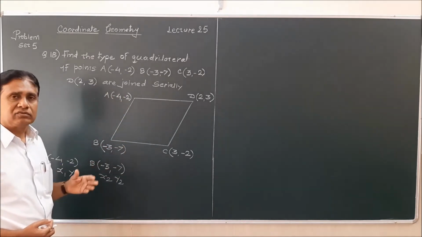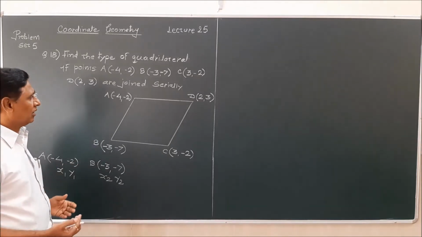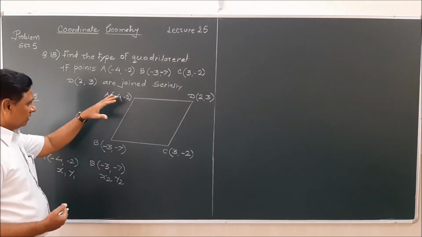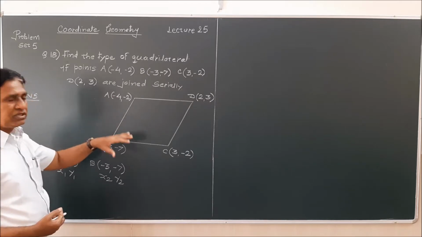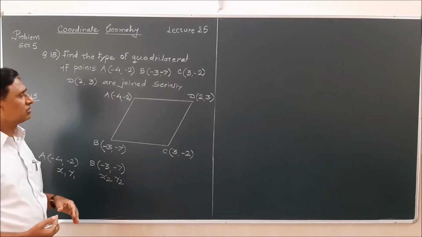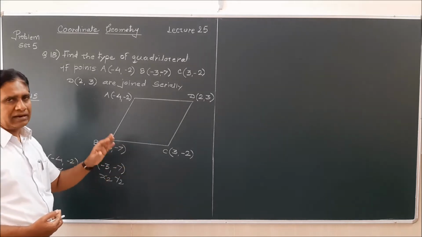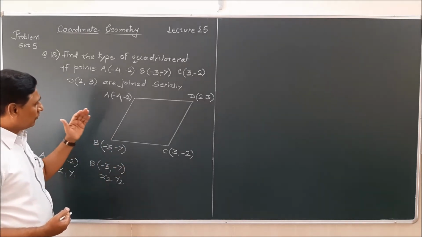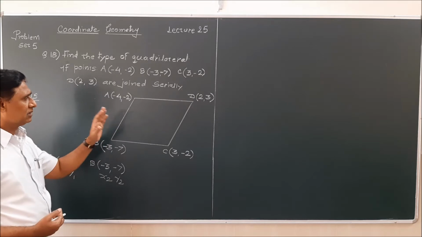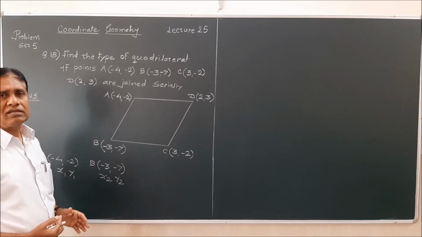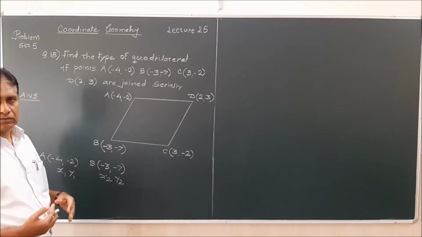That means we now have to decide whether opposite sides are congruent or not. We also have to decide whether opposite sides are parallel or not. If opposite sides are parallel and congruent, then it is going to become a parallelogram.